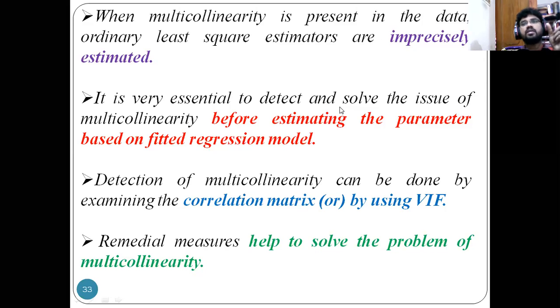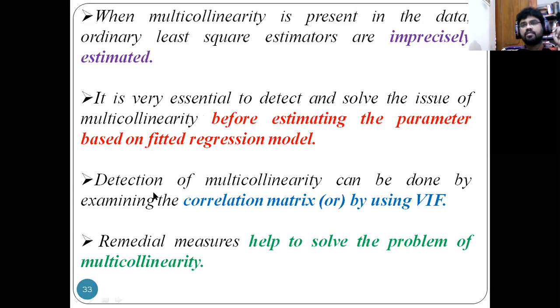That is how he solves the issue. Here also, in our model, as social scientists, we can identify how much correlation there is between the two independent variables, and we need to solve the multicollinearity problem before estimating the parameters based on the fitted regression model.